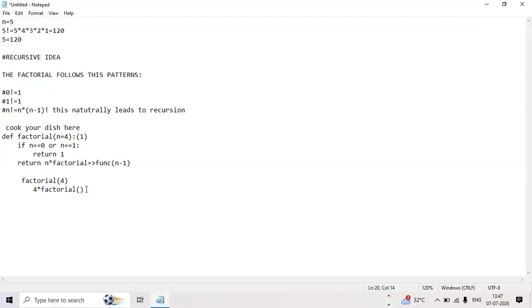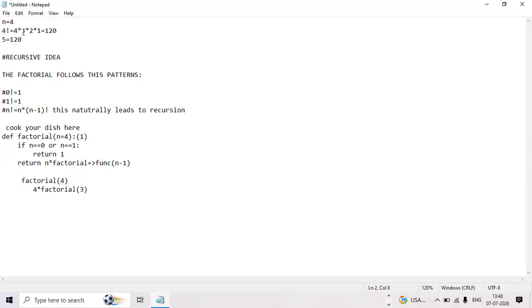Inside it, how much part is left till now? The part that is left is 3. As I said, consider the example as 4. First remove this thing.